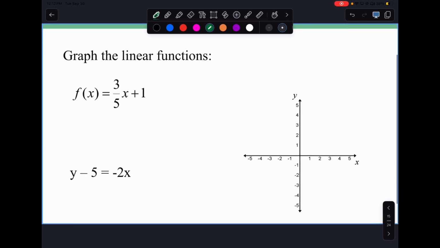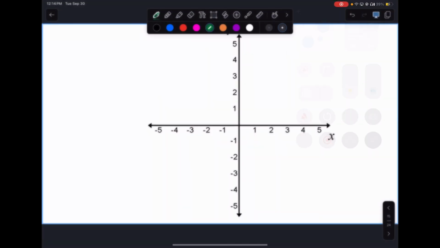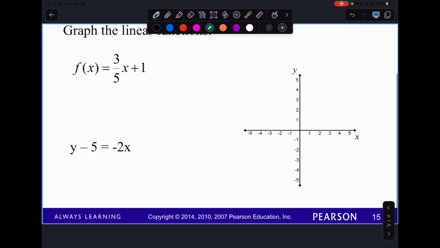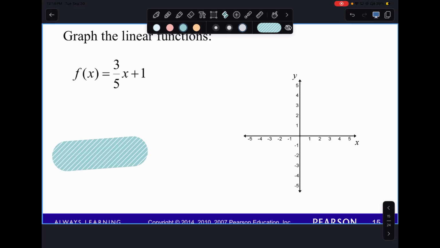Okay, now we're going to talk about graphing them. So what I want you to do first is in your notes, sketch a little coordinate plane, please. Okay, now we're going to plot this first one. I'm going to cover up the second one. For those of you that like steps, step 1 is we're going to plot the y-intercept.